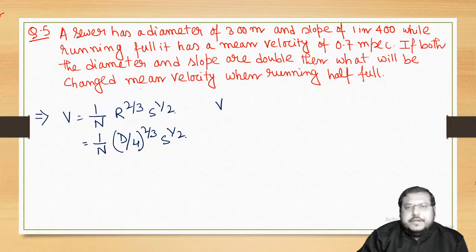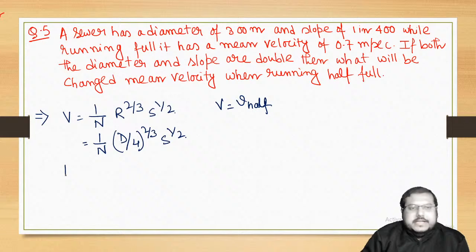And you also know that V full is equal to V half. So with that part we don't have to bother. Slope and diameter both are changing. So only the constant thing is the roughness coefficient.